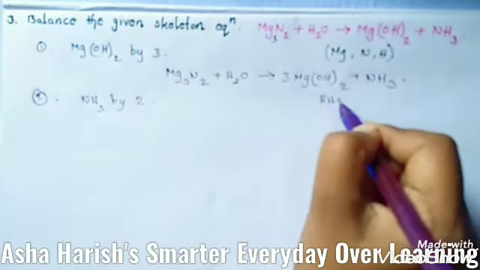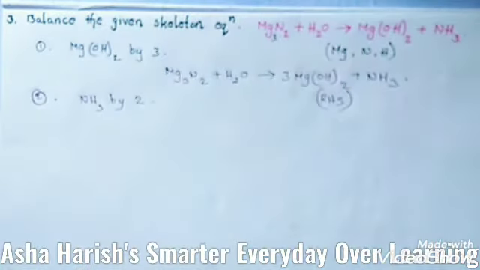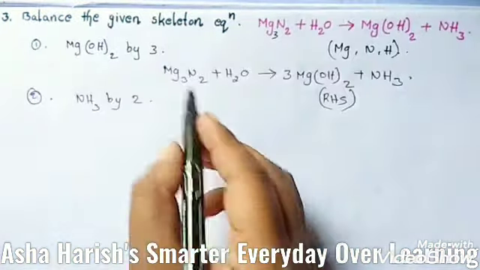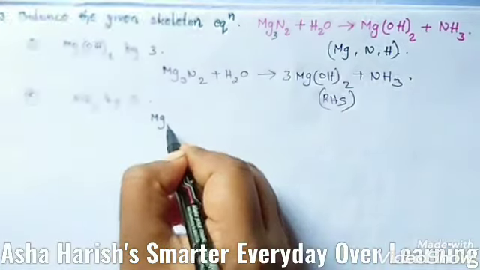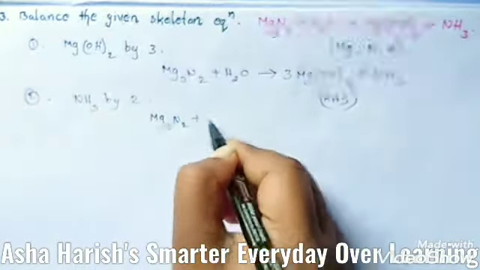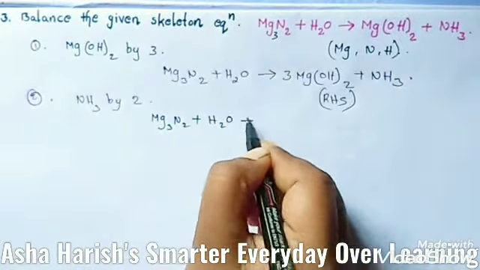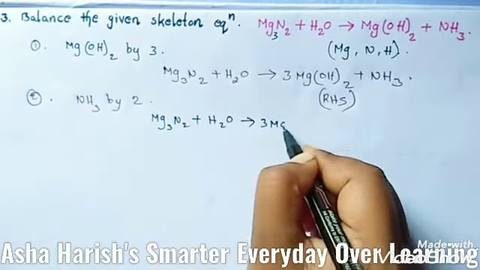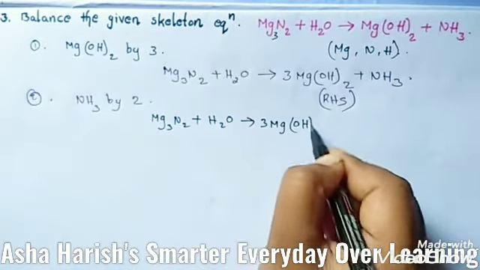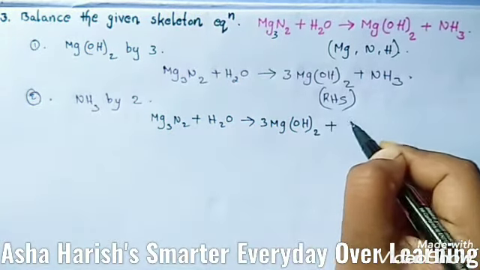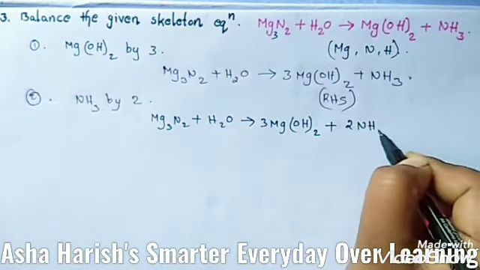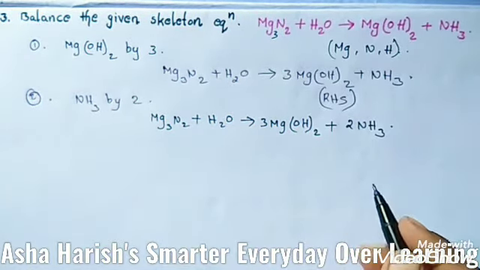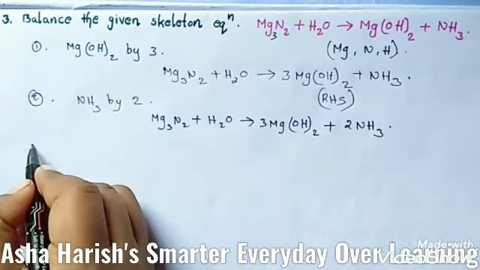This is only RHS. Now we should get Mg3N2 plus H2O gives rise to 3 Mg(OH)2 plus 2 NH3. Okay, this is step number 2.